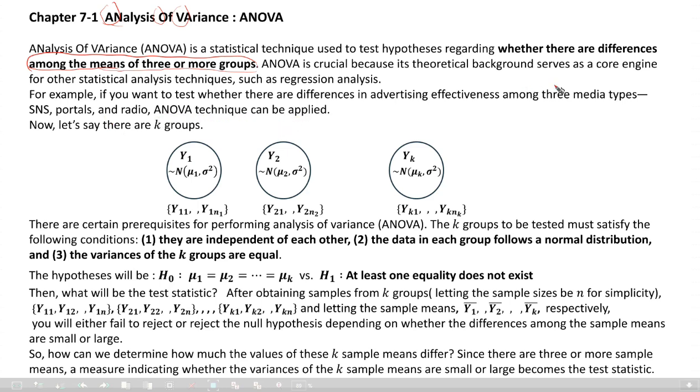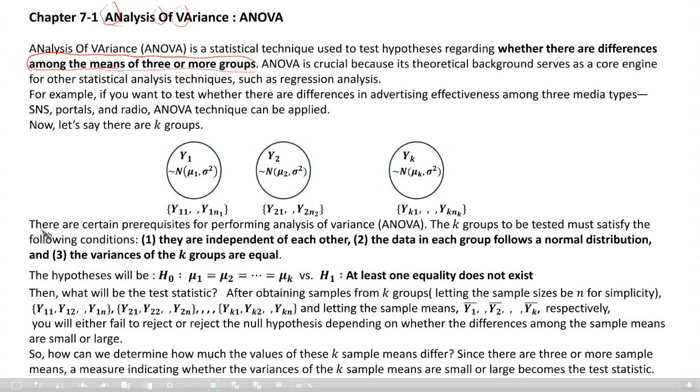Differences among three groups. Now, let's say there are K groups in general: 1, 2, K groups.